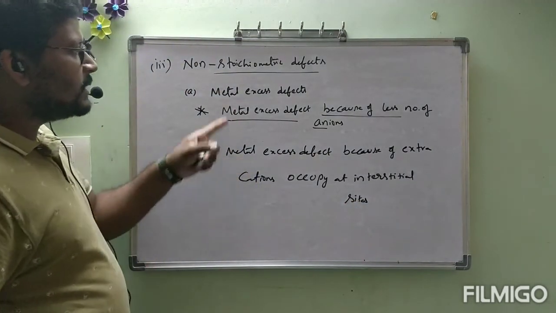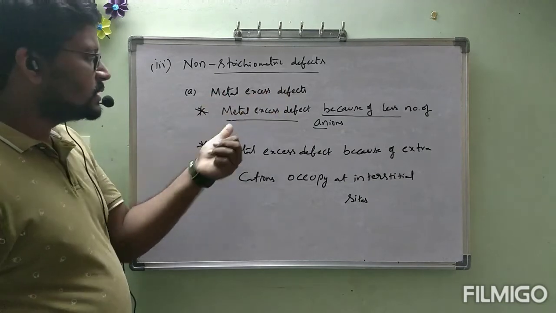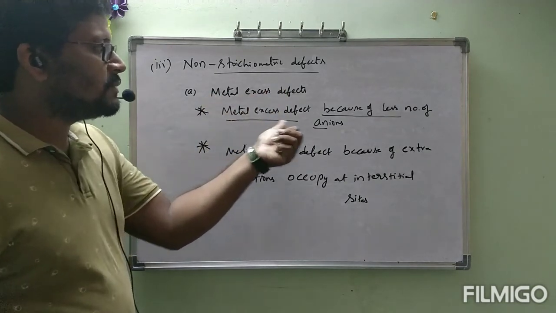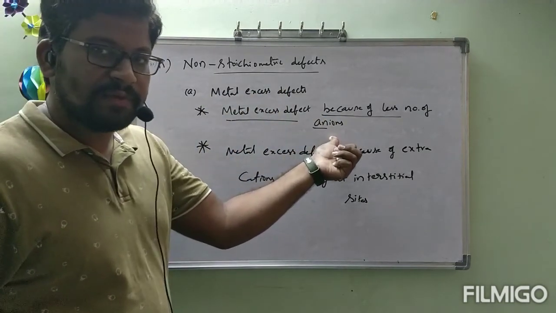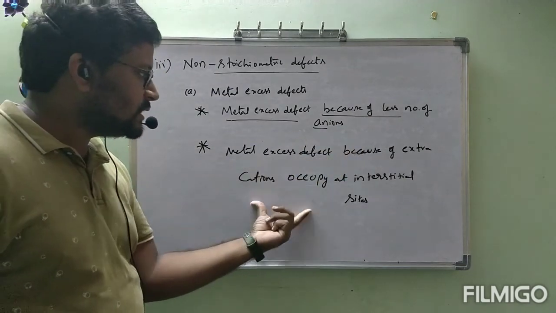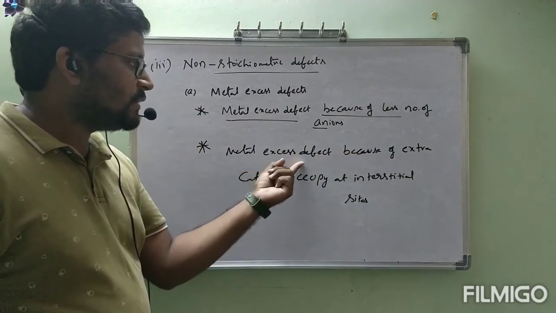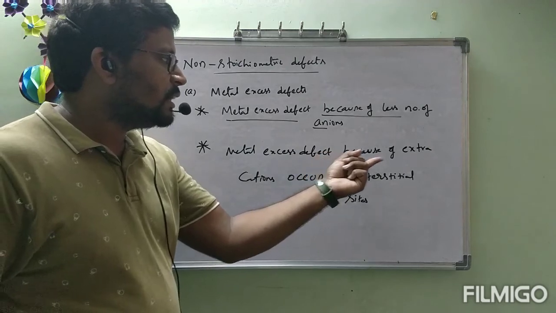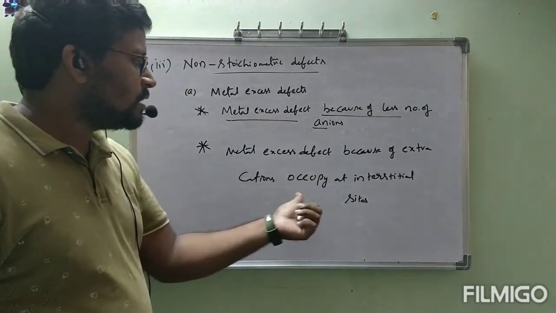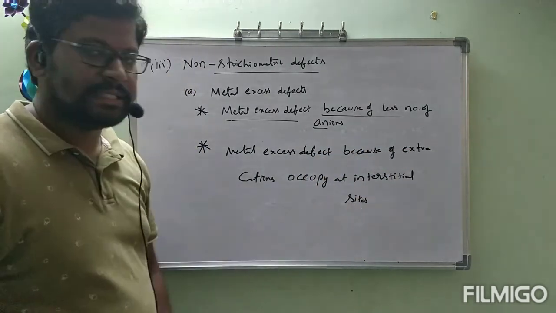These two types come under metal excess defects. See, the first one is metal excess defect because of a smaller number of anions. This one we have seen. In tomorrow's class we will see this one: metal excess defect because of extra cations occupying interstitial sites.